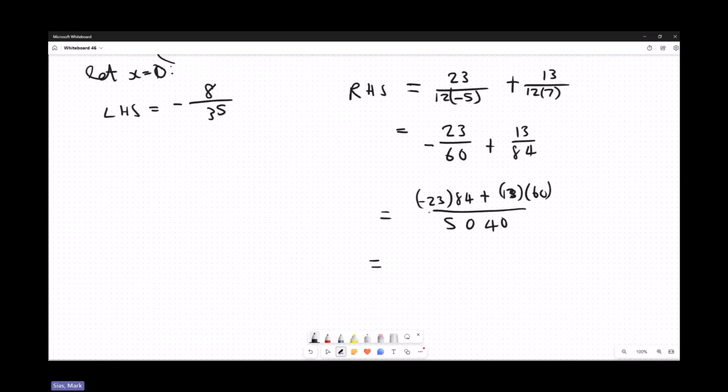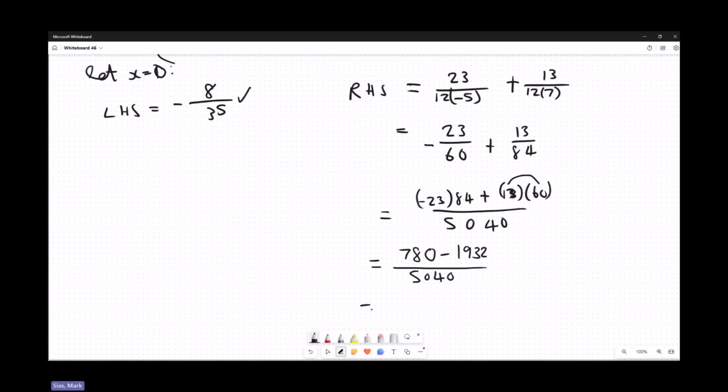People just do multiplication there, minus 23 with 84 quickly. What do you get there? Minus 23 times 84, what do you get quickly? Those with calculators, this one I know is 780. Then minus 20 times that, and then 3 times that. It's 1932 over 5040. Remember, we want this answer.